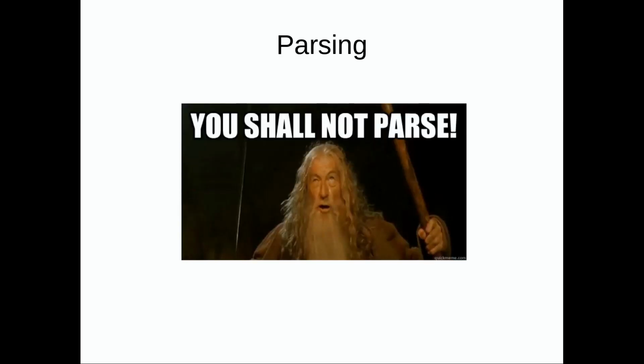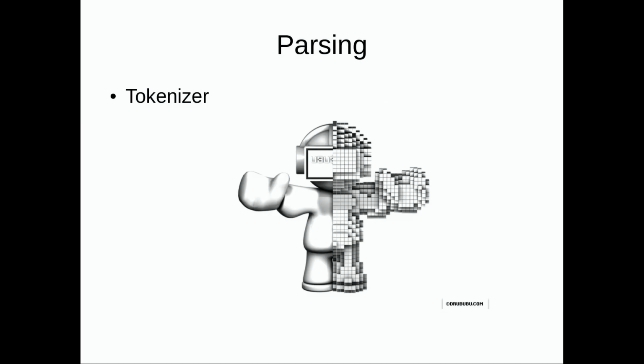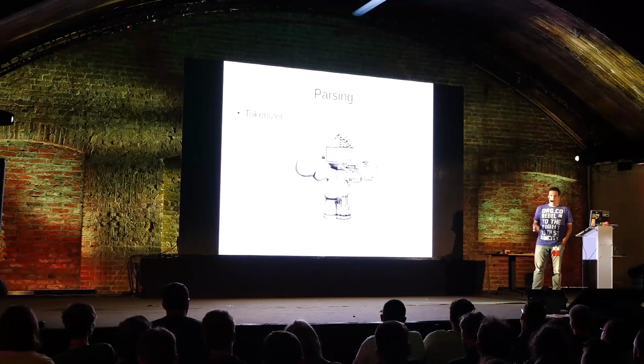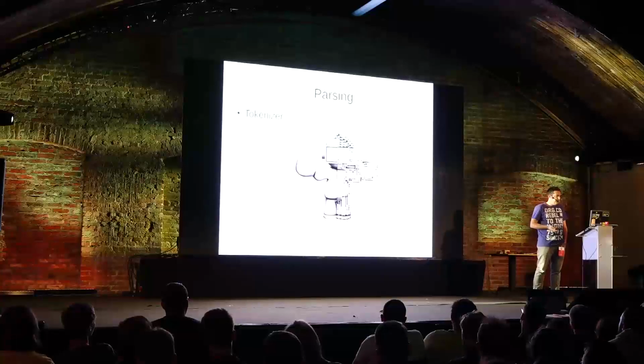So, parsing, the beast of parsing. Parsing basically consists of a tokenizer and a parser, right? You have a tokenizer that breaks your input, your source code, apart into the smallest chunks, which we call tokens, and then we have a parser that takes those tokens and builds a parse tree. For the tokens, we have a set of token types, which are defined by the specification.